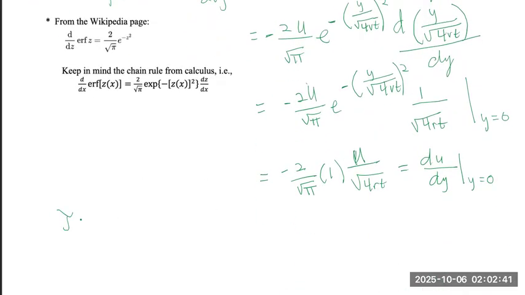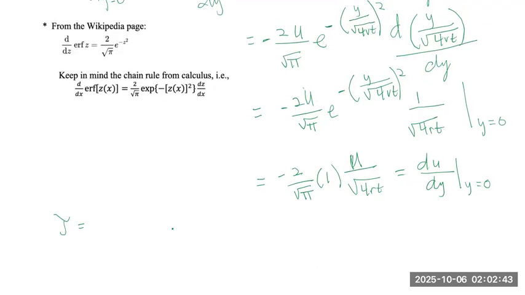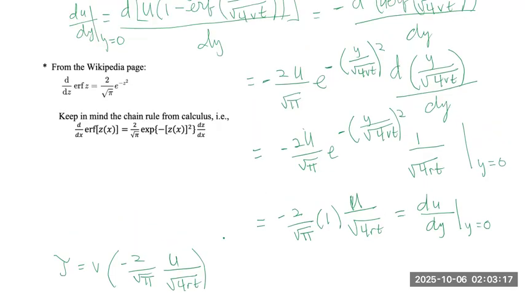So tau is equal to the kinematic viscosity, which in this case is represented by V, times du/dy, which is -2 over root pi times u over square root of 4vt. And thus, the shear stress is equal to that.